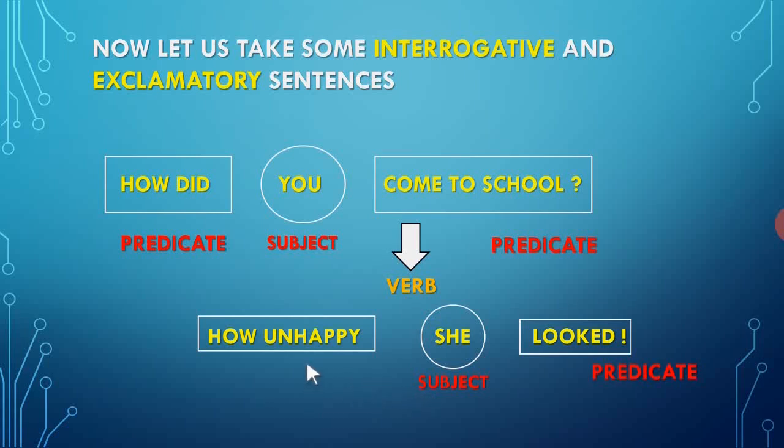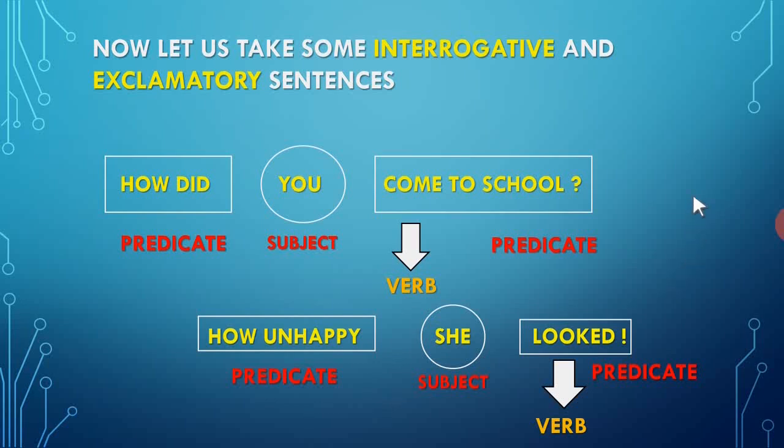This is the subject, this is the predicate and this is the predicate. And as I told you again, predicates always have a verb. So the predicate is having a verb also. I hope you understood about interrogative sentences and exclamatory sentences where the subject comes, children. I hope it is clear to you.